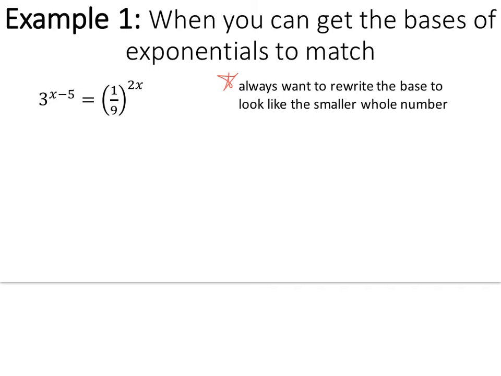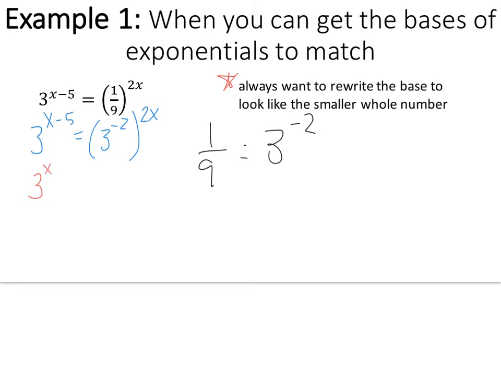So what I'm going to do is I can rewrite 1/9. That's the same as 3 to the negative 2. So instead of writing 1/9 in this equation, I'm going to replace it with 3 to the negative 2 power. So what happens is I can multiply those exponents together.